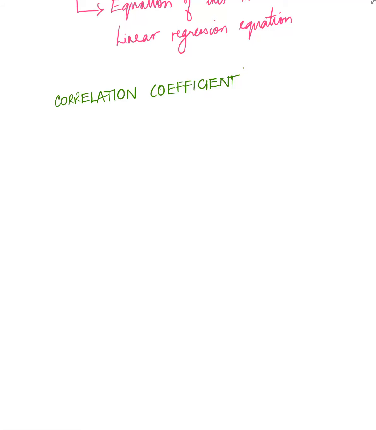Now correlation coefficient, okay, this is represented by the letter lowercase r, okay, and this was developed by Karl Pearson in the early 1900s. So it is an indicator, okay. R is the correlation coefficient, okay.